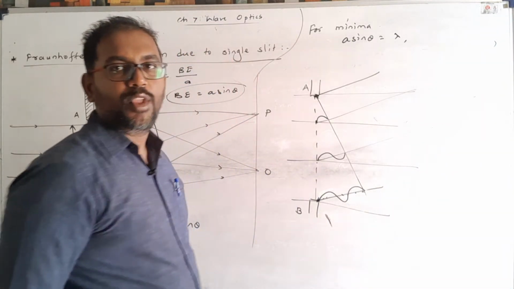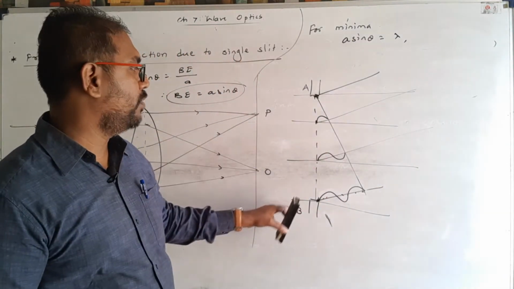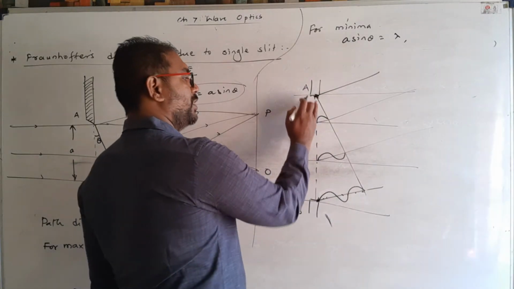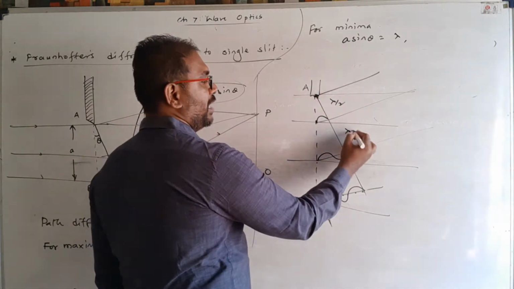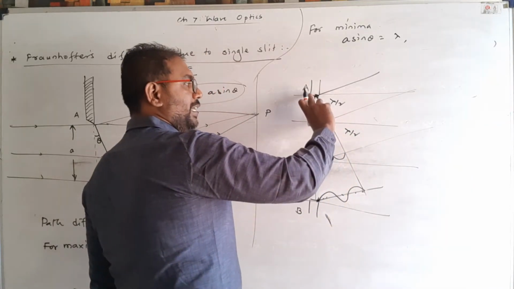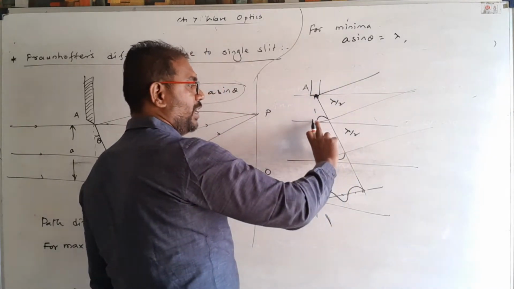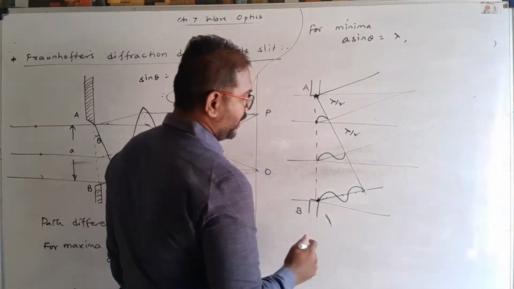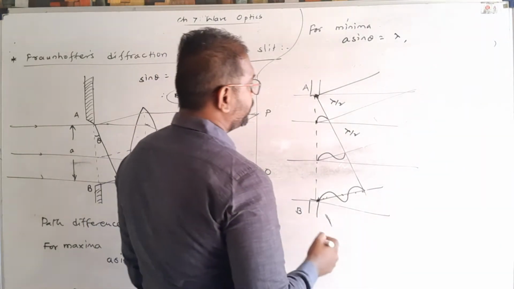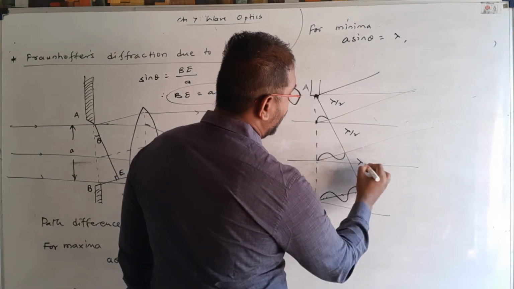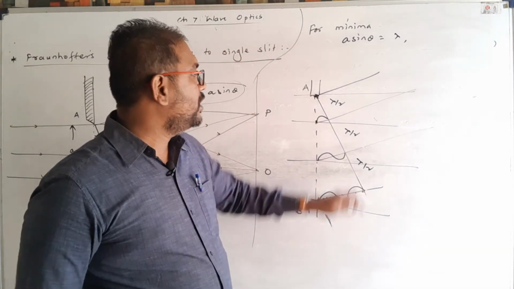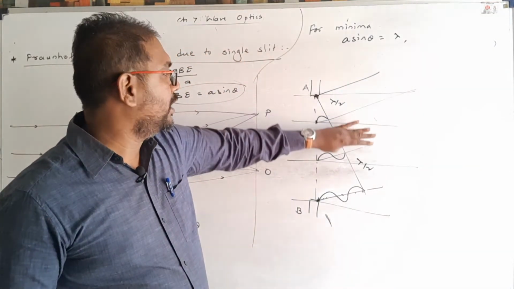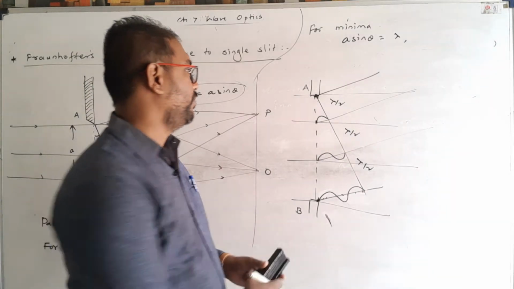When we divide the slit into 3 equal parts, the light wave from this point and this point have a path difference of lambda by 2, and this point and this point also have lambda by 2. So these two light waves cancel each other at point P. Here again, listen, this lambda by 2 means the light waves from this and this cancel each other.